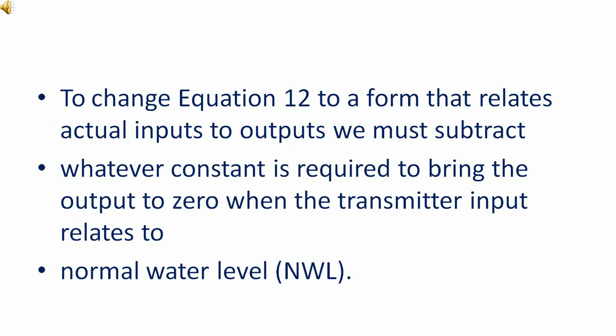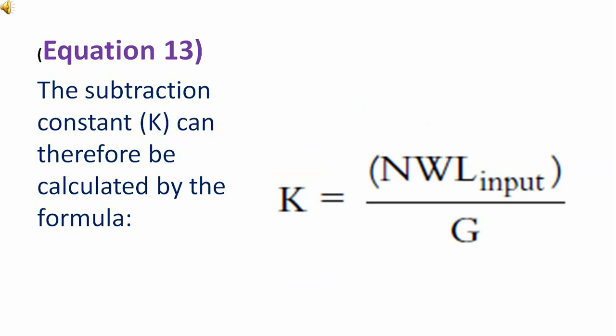To change equation 12 to a form that relates actual inputs to outputs, we must subtract whatever constant is required to bring the output to 0 when the transmitter input relates to normal water level NWL. Equation 13.